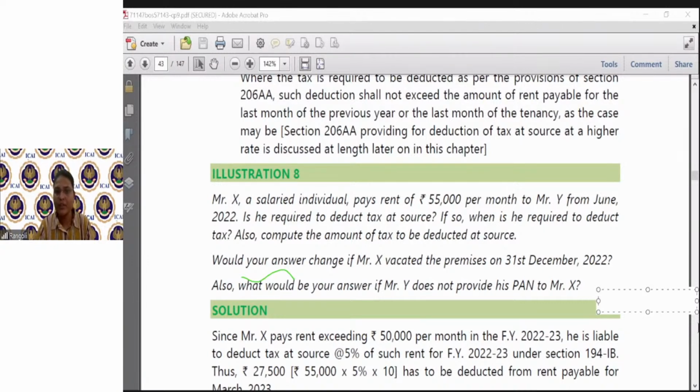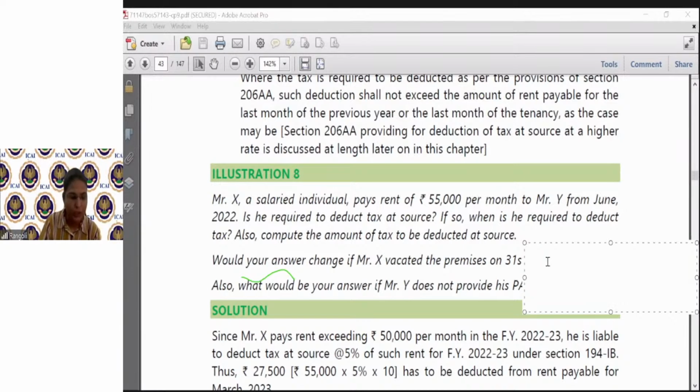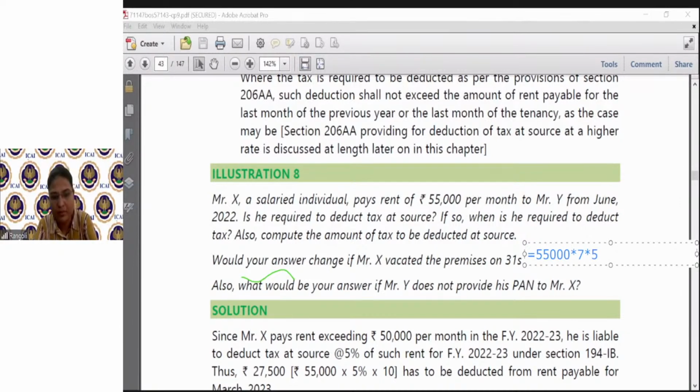So the tenancy period is from June to December: June, July, August, September, October, November, December, 7 months. So 55,000 per month into 7 months into 5%.